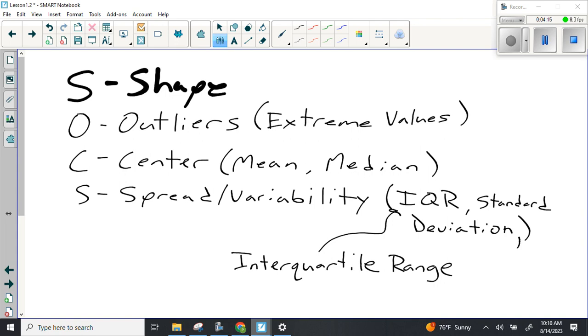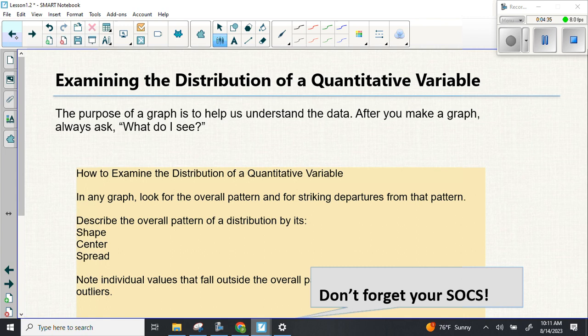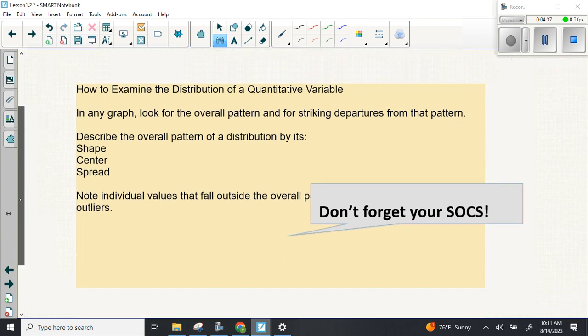You can also use just straight-up range to describe your variability, but it's not as good. You'll really never do it. You would do that in a basic statistics class, but not in this one.